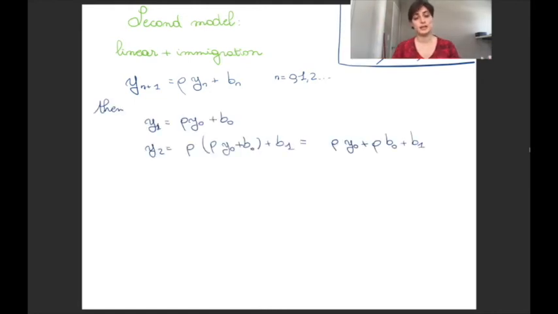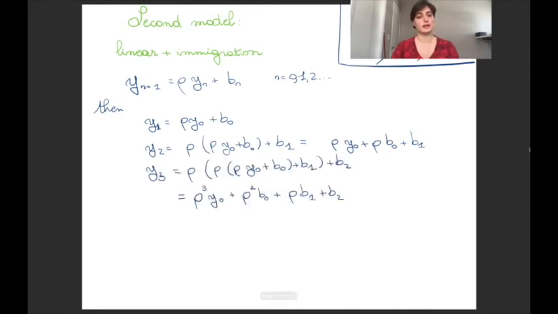Then we have y_1 is equal to rho y_0 plus b_0. y_2 is rho times y_1 plus b_1. So rho times rho y_0 plus b_0 plus b_1. So it's rho squared y_0, sorry, there's a square missing, plus rho b_0 plus b_1. And y_3 is rho to the third y_0, plus rho to the second b_0, plus rho b_1 plus b_2.